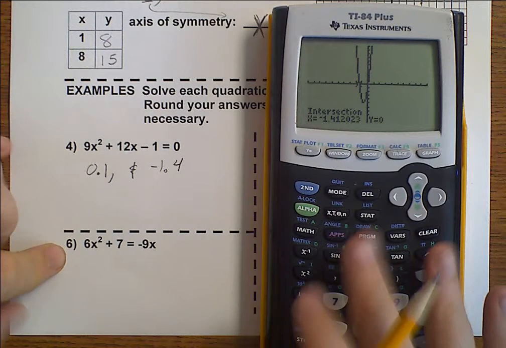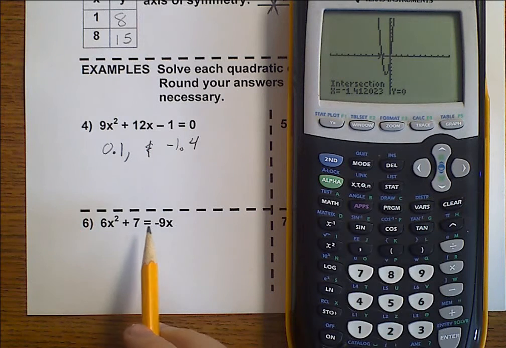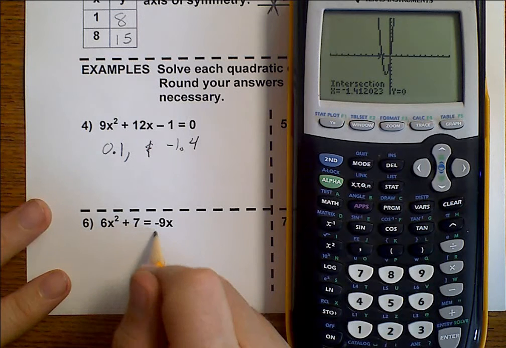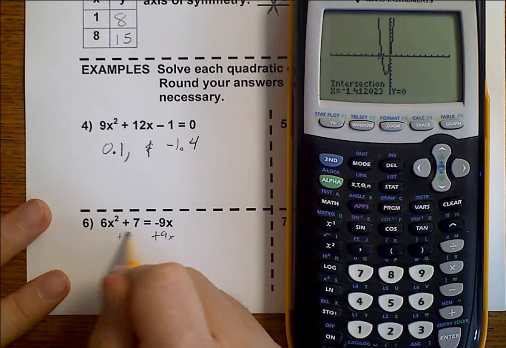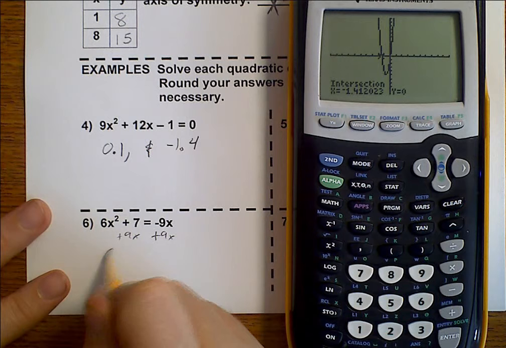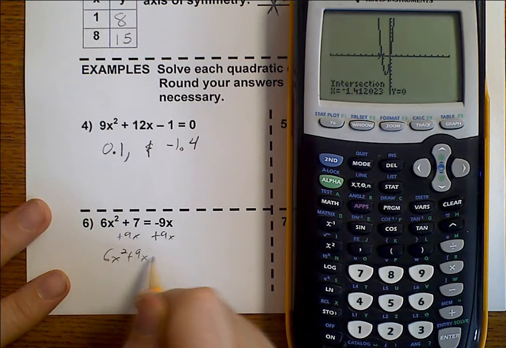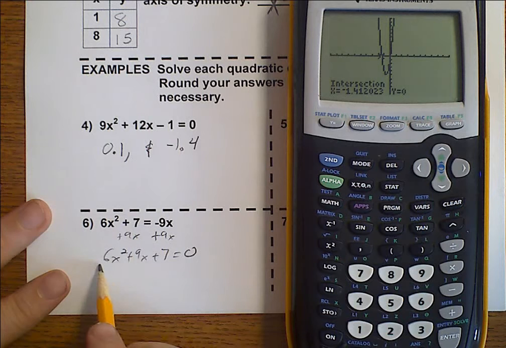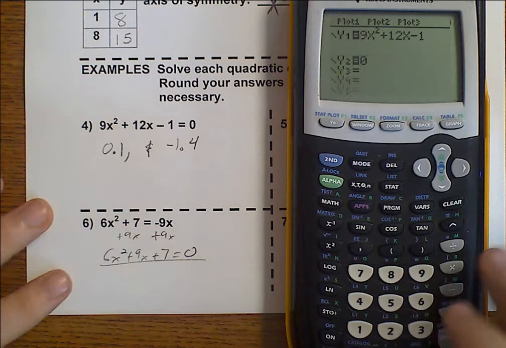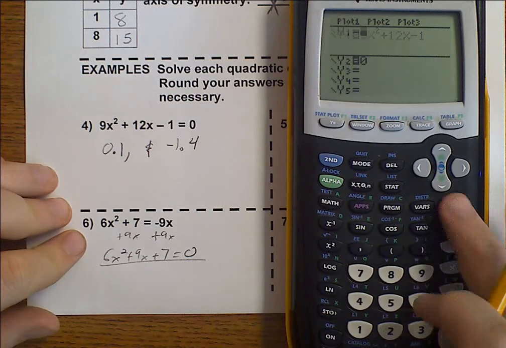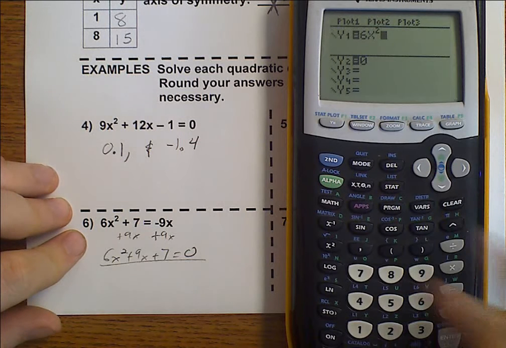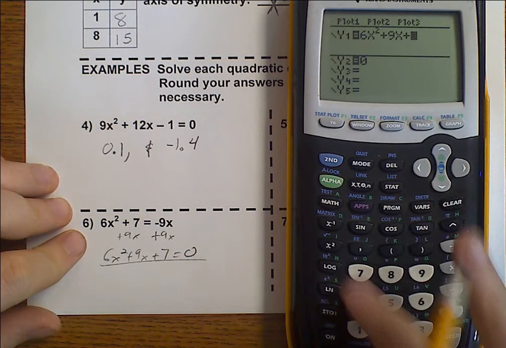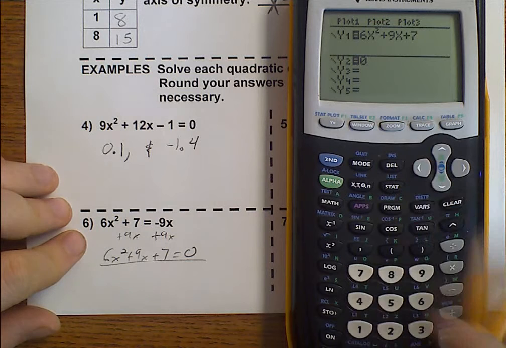Let's go ahead and do number 6. Well, this is not equal to 0. It doesn't work unless it's equal to 0, so I add 9x to both sides. I get 6x squared plus 9x plus 7 equals 0. Going to y equals, type this in. 6x squared plus 9x plus 7. y2 is still 0. Go to graph.